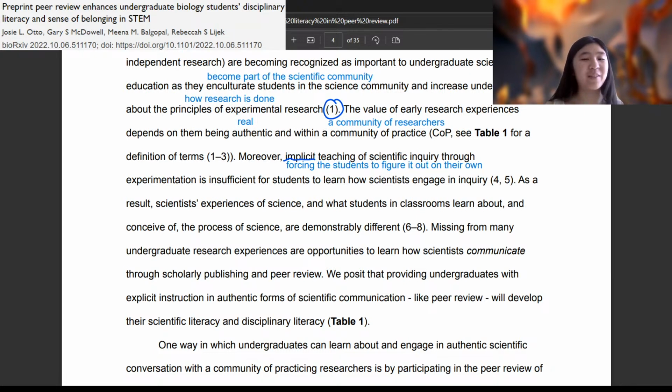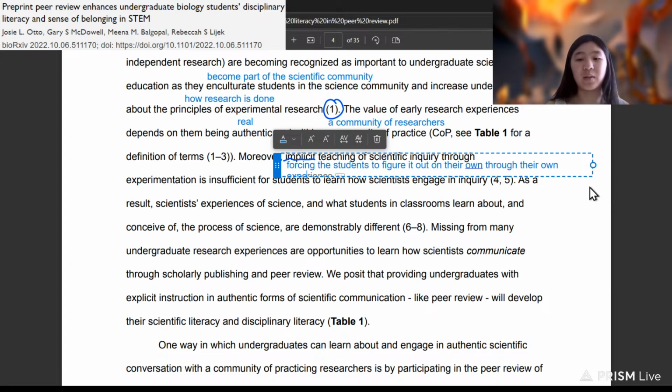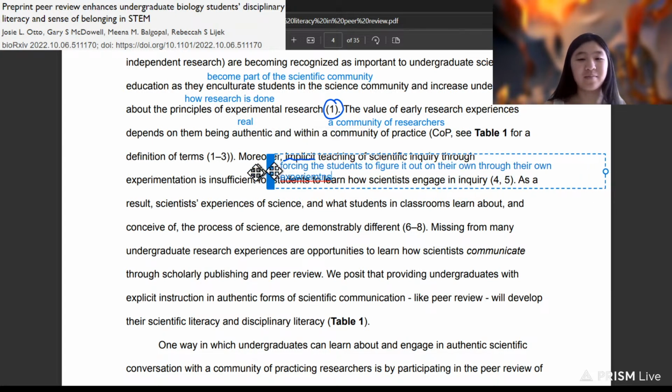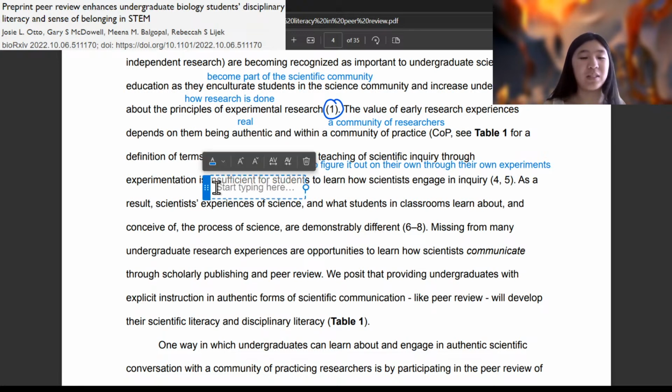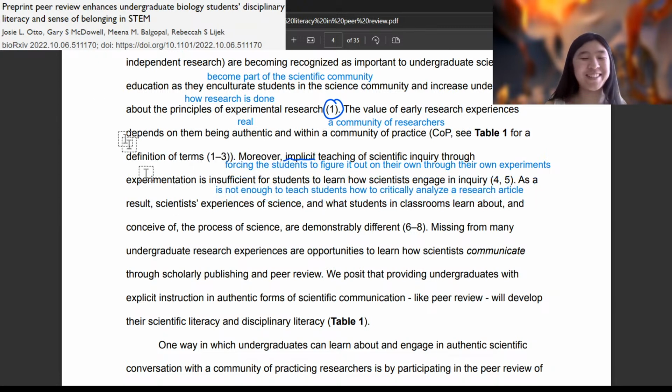So forcing students to figure it out on their own through experimenting by themselves, through their own experiments. Experiments is not enough to teach them how to analyze a research article. Yeah, I would have never guessed. You need to teach someone how to analyze complex information.